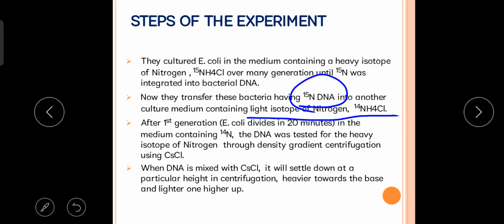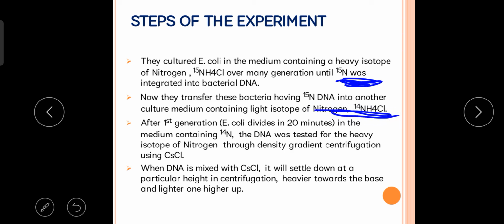Remember, this is the compound where the nitrogen is labeled by the radioisotope. That means when they grew the E. coli bacteria in the 15N medium, they then transferred all this E. coli bacteria from this 15N medium to a new medium, which is the 14N medium.